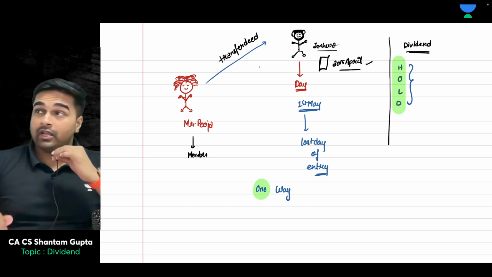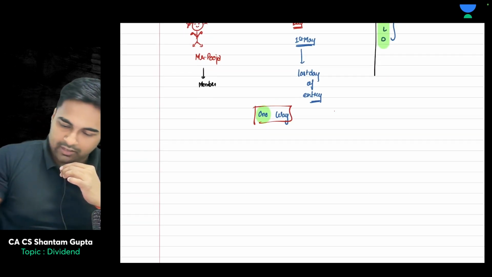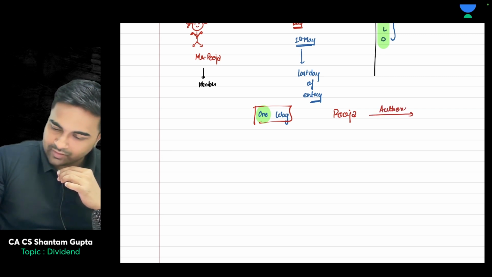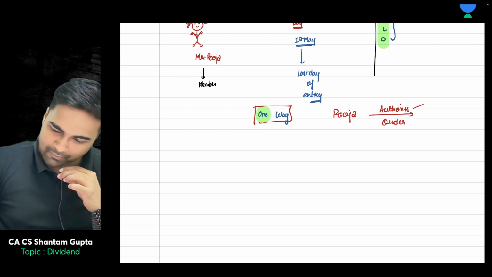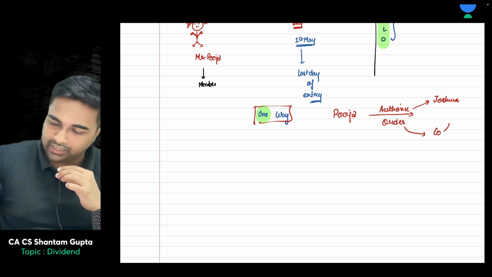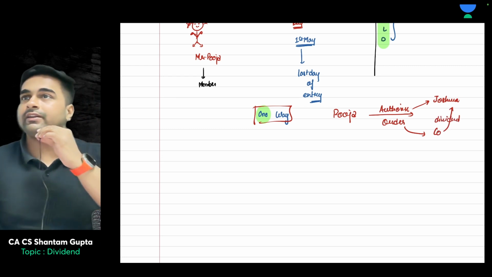If Pooja authorizes and orders. Two words I have used, authorize and order. If Pooja authorizes Joshua and orders the company to pay dividend to Joshua, then Joshua can get dividend.